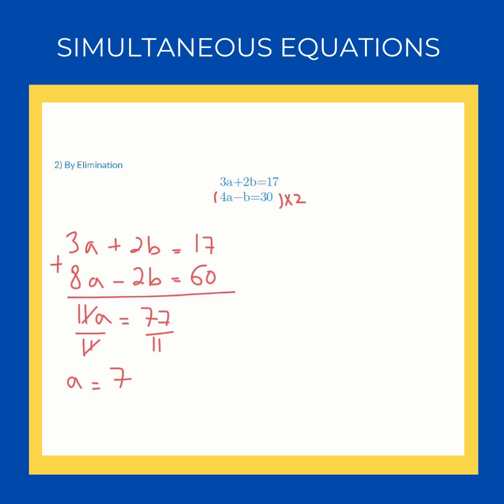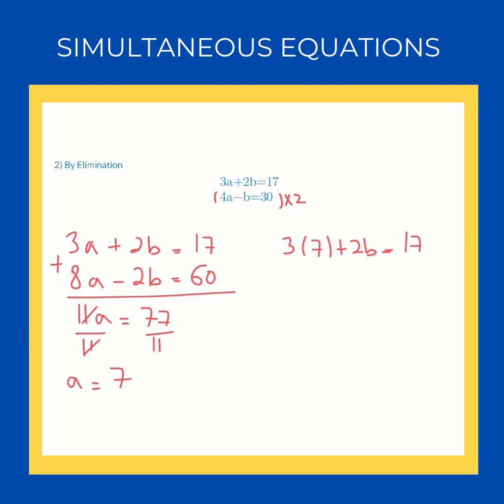Now to find b, I have to substitute a equals 7 in any of the two equations. So I'm substituting a equals 7 in the first equation. So I have 3a, which is 3 times 7 plus 2b equals 17.